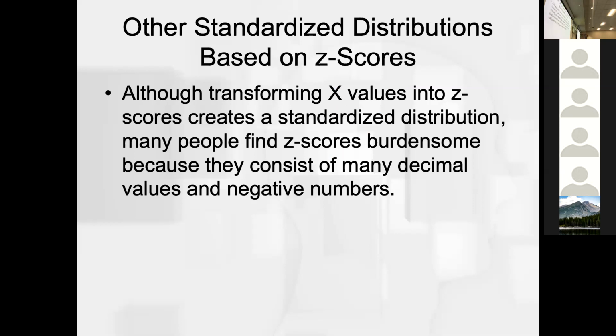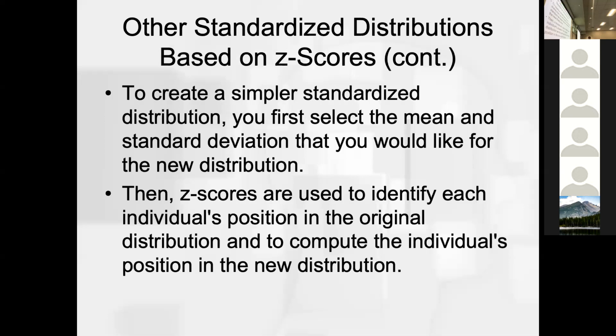So although you can transform all of this into z-scores itself, a lot of people don't like it because they don't like dealing with negative numbers and decimal points, etc. And so you can create a simpler standardized distribution by selecting the mean and standard deviation that you would like for that new distribution, right?